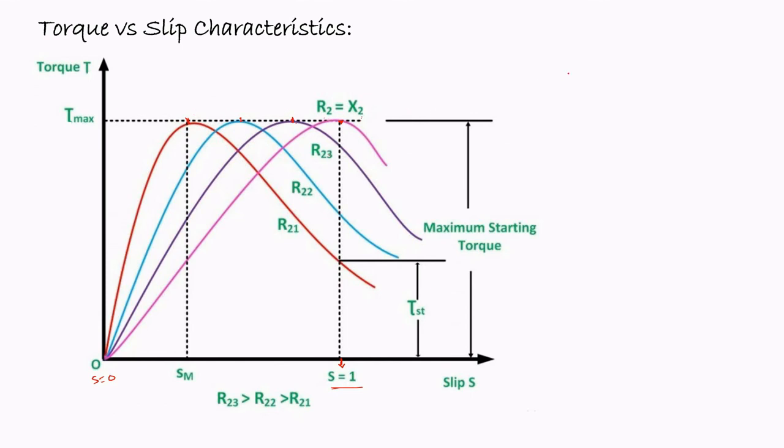In all the cases, the torque will be maximum when the slip is equal to R2 upon X2. So here R21 is the minimum rotor winding resistance, R22 is greater than R21, and R23 is greater than R22. And the value of R2 is also greater than the value of R23.